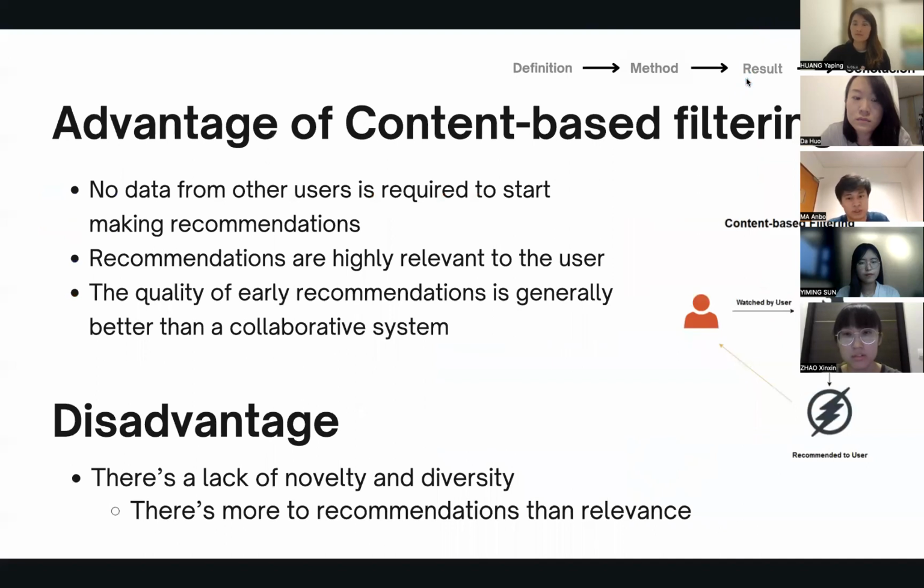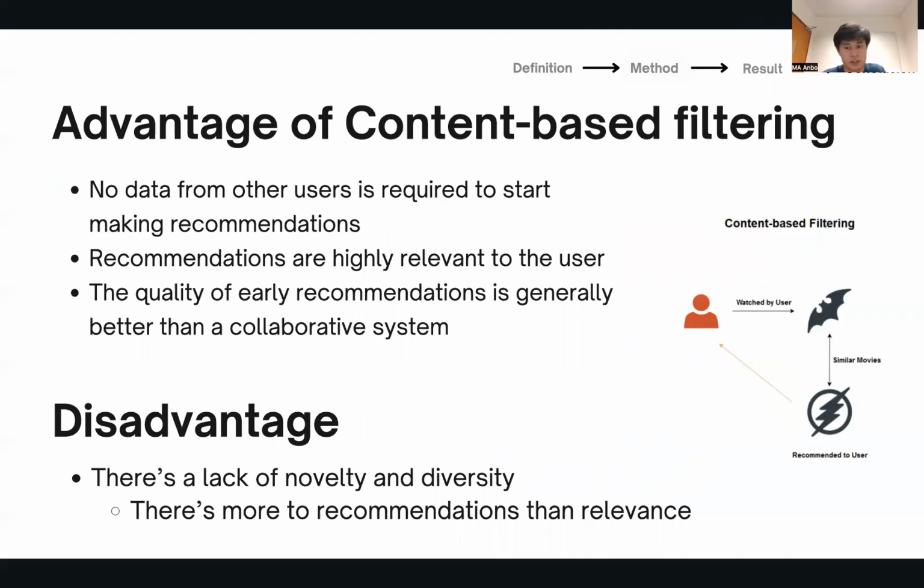Why do we choose content-based filtering? First, the system needs no data from the other users to start making recommendations. Once a user has watched a certain movie, a content-based filtering system can begin making relevant recommendations. This makes it ideal for newcomers who don't have an enormous pool of users to sample.